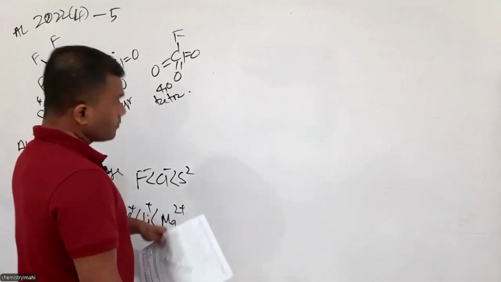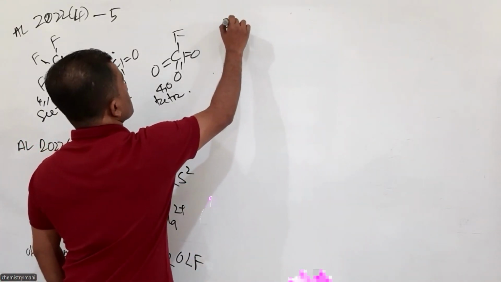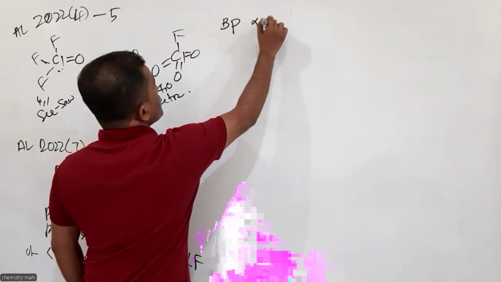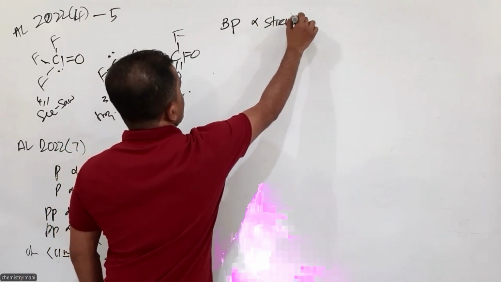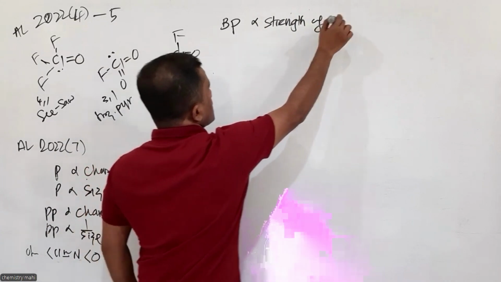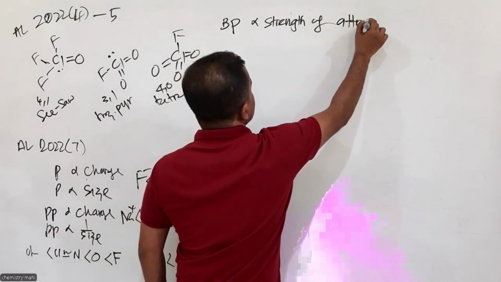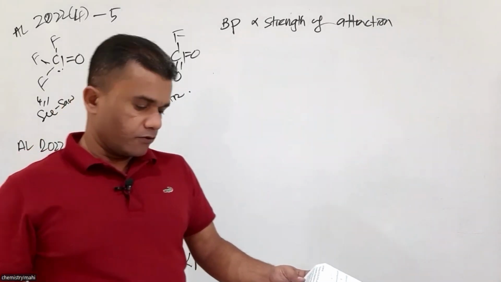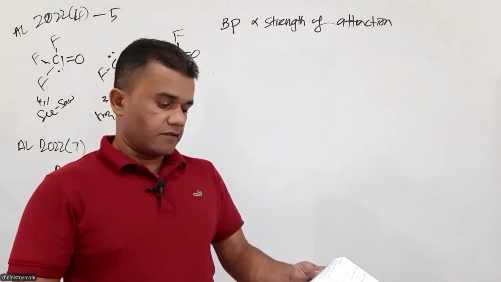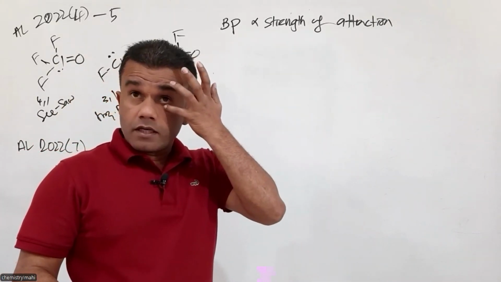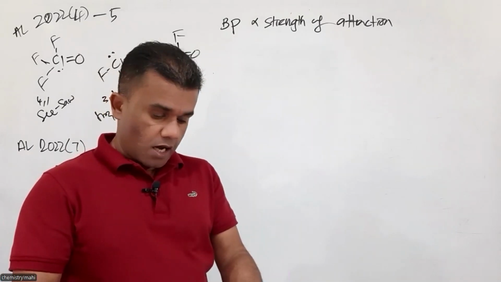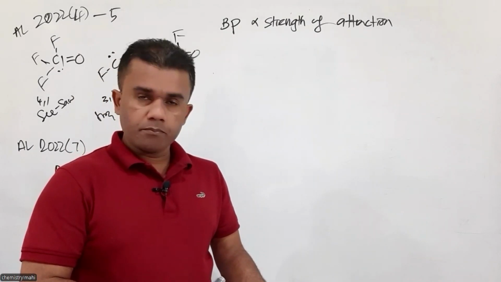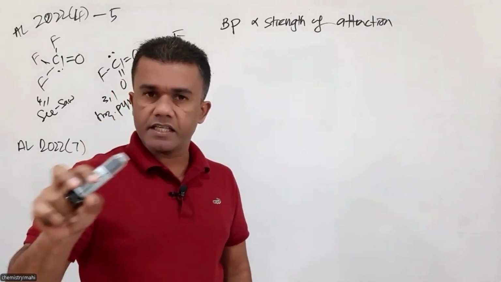Fourth one, the boiling point they ask. Remember, boiling point is directly proportional to the strength of attraction between particles. What you are given are CH4, CH3NH2, CH3OH and xenon. These are covalent compounds that exist as discrete molecules.